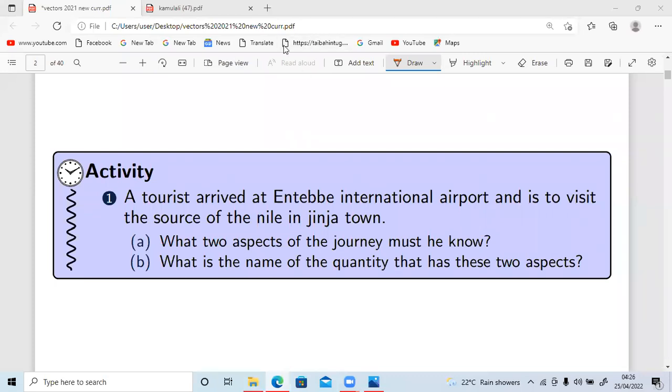Teacher Peter, are you back? Yes, Jed? You should know the direction of Jinja from Entebbe. Yes, you should know the direction of Jinja from Entebbe. Good. That is another aspect. Yes, Precious. Manuela, go on.